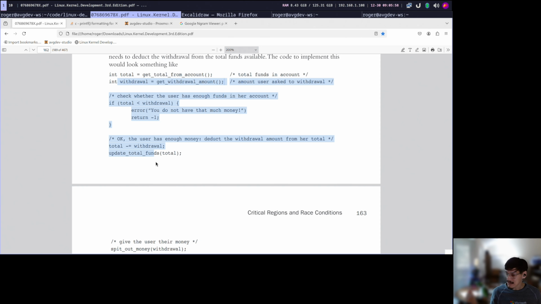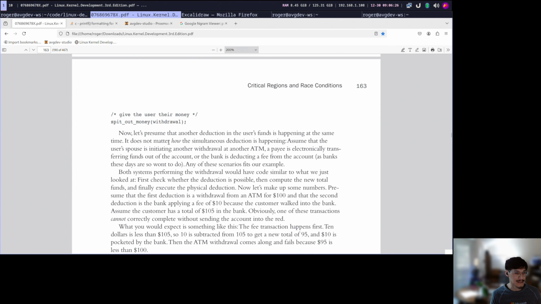At that moment, that person still sees that same amount of money that they started out with, and it's no longer the case because money has been withdrawn elsewhere. So you can see how there could be a lot of potential race conditions that can result in really weird results down the line.